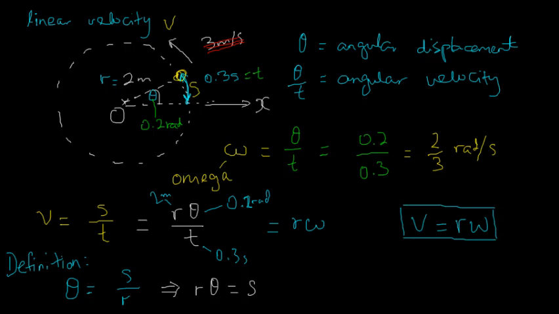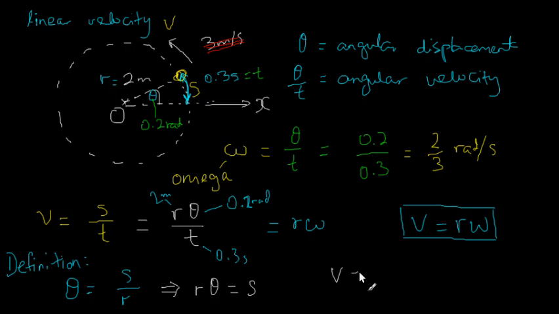So that's an important formula, and I'll use it to find the linear velocity in this example. I can do that because I know that r is 2 meters, and I already have an answer for omega, 2/3 radian per second.